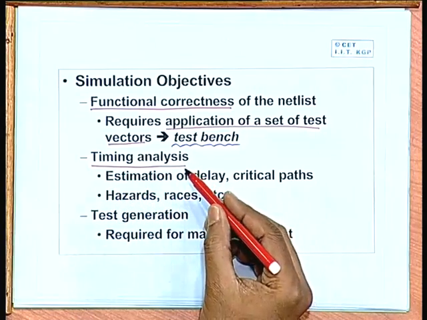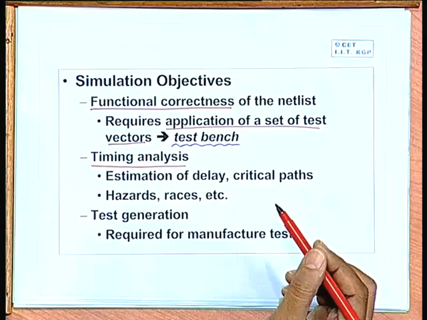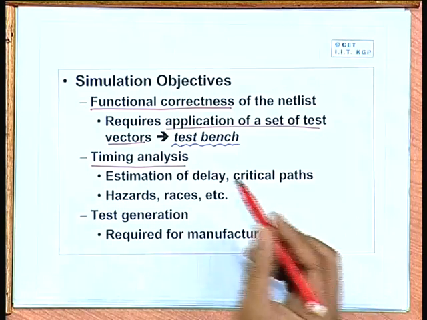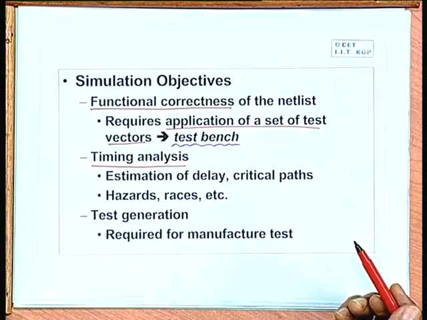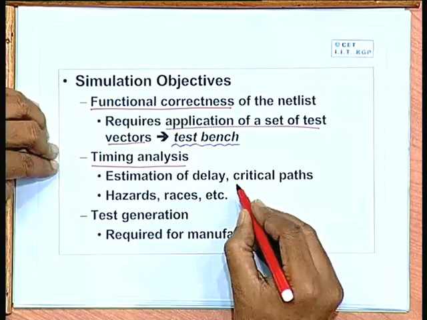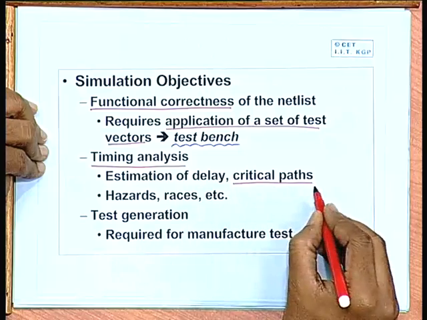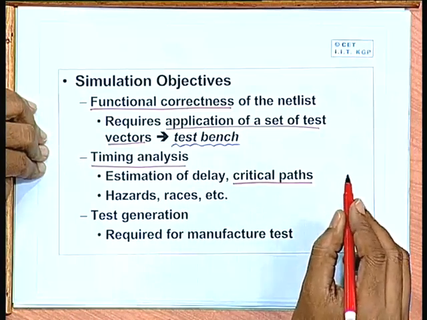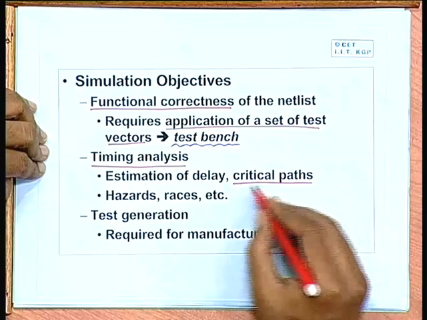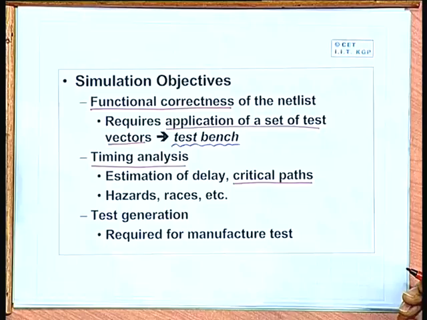If we have some estimate of the delays of the basic components, say gates, then you can estimate the total delay of the circuit, the maximum speed with which our circuit can work. We can identify the critical paths in the circuit. Critical paths are those paths which actually affect directly the total delay. So if we can optimize the critical path, the total delay of the circuit will become less.